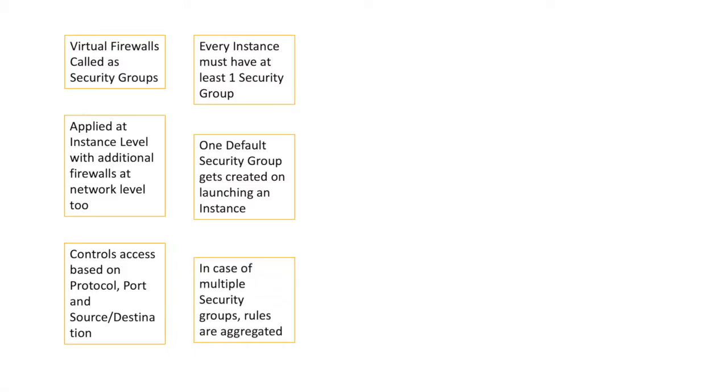And in case of multiple security groups, rules get aggregated. So you have the option of creating multiple security groups. Let's say you keep one default security group, one is the security group that you additionally provided, and there are two rules within each of them, then the final rule book would be the aggregation of all the rules within these two security groups, and based on that rule book, access to the instance would be allowed.